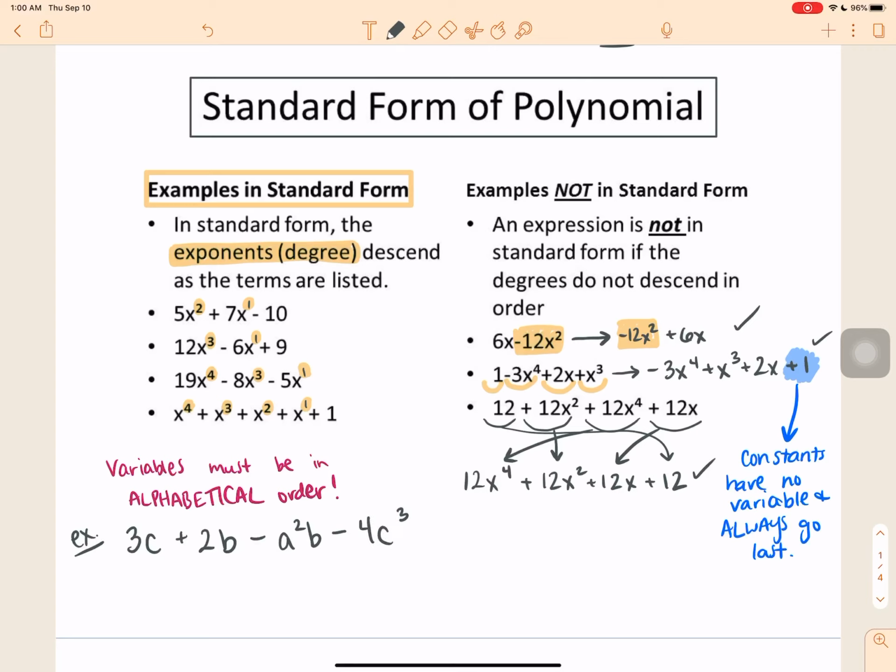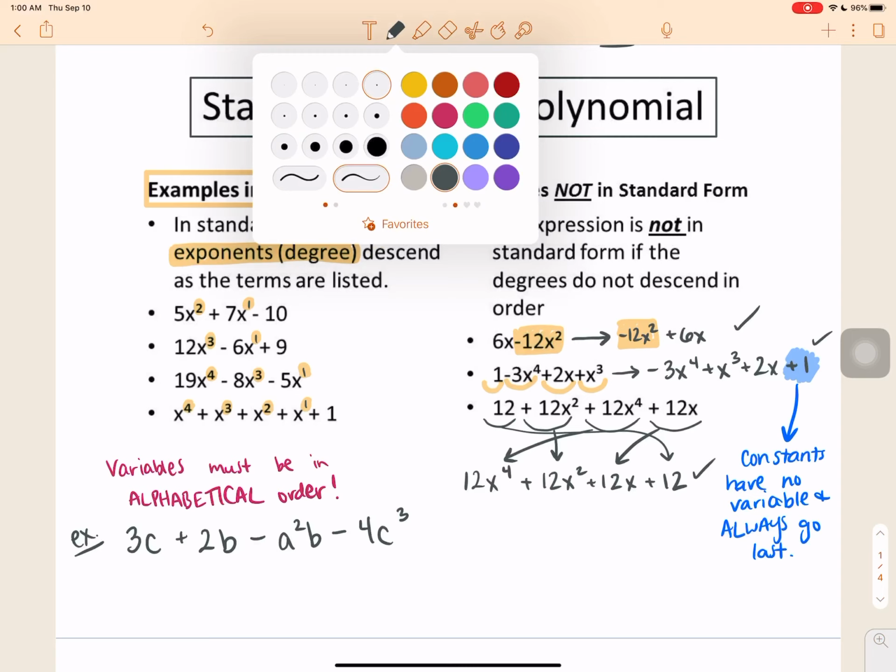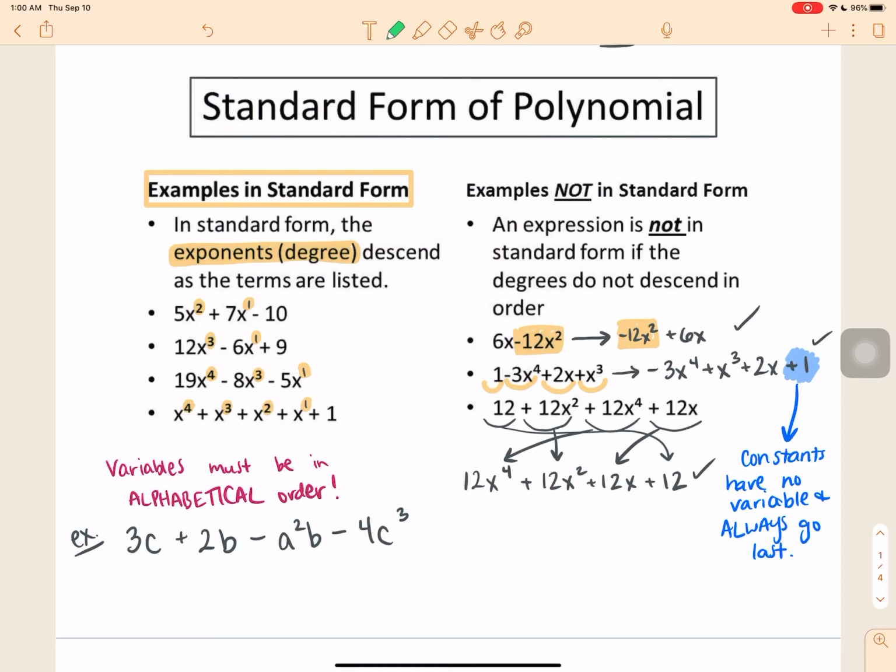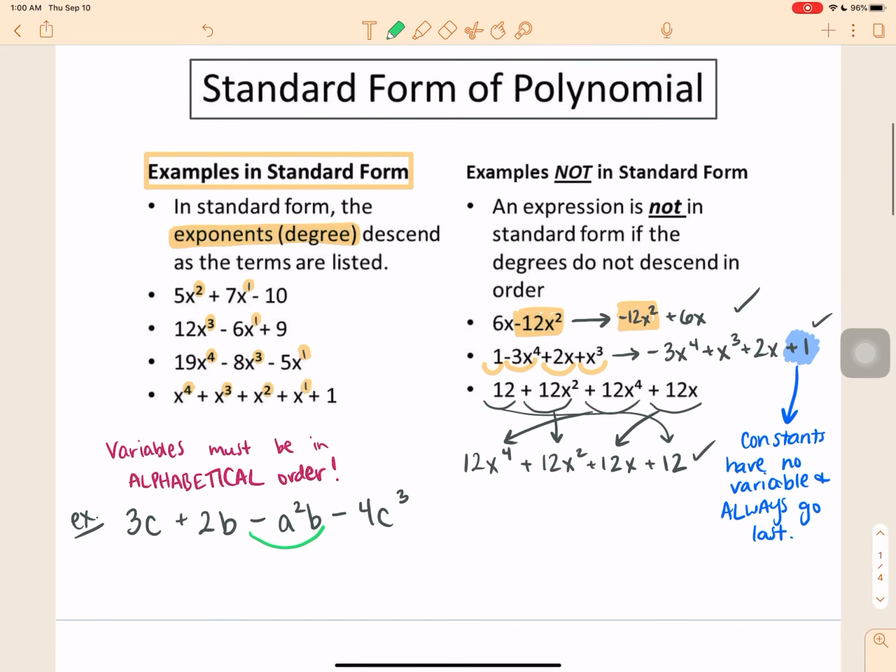All right, so that's not in alphabetical order. Also, not all of my exponents are ordered from greatest to least. So we got to reorder these, okay? So the first one I notice, I look for the lowest letter in the alphabet, and that would be my A. So since I have no other terms that have an A in it, I'm going to write this negative A squared B to go first.